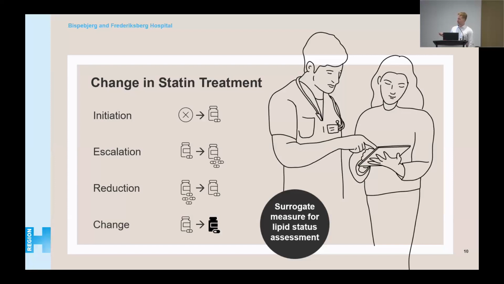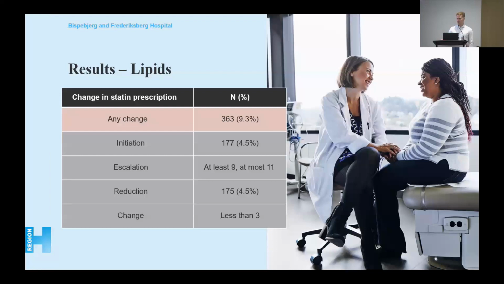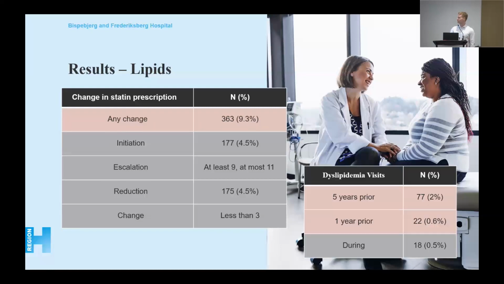We looked at initiation of statin treatment after starting baricitinib treatment, escalation of statin treatment, reduction of statin treatment, or change to a different drug. We saw that a bit over 9% had a change in their statin treatment, primarily initiation of statin treatment or the reduction of statin treatment after they had started baricitinib treatment.